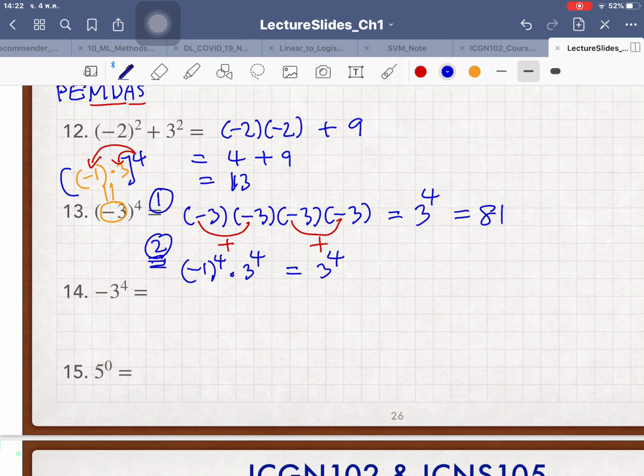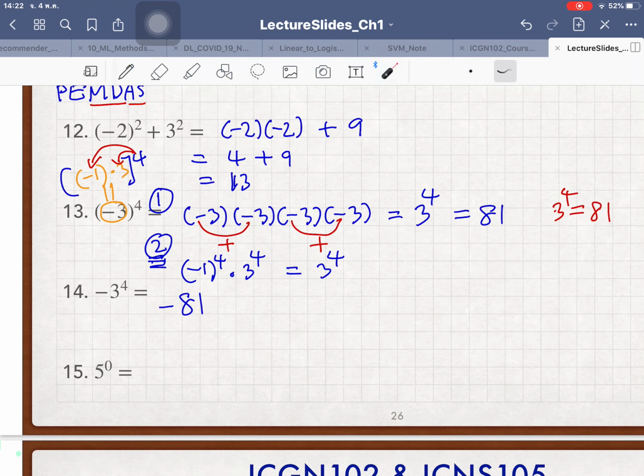We know that 3 to the power 4 is 81. So in this problem, you're going to get the negative of 81. So that's the answer.